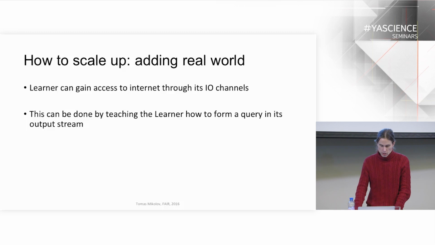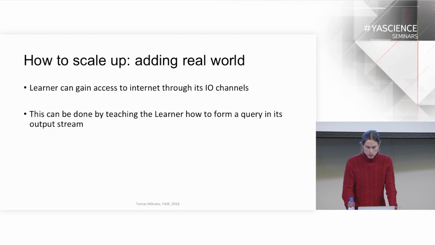We can teach it to form a query in its output channel that would be sent to the internet, for example, to some search engine, get the resulting page back, and then it can read it at its input channel. So this is a very language-focused plan, but it seems that it will be sufficient to develop the intelligence.